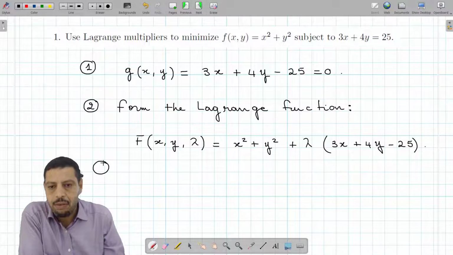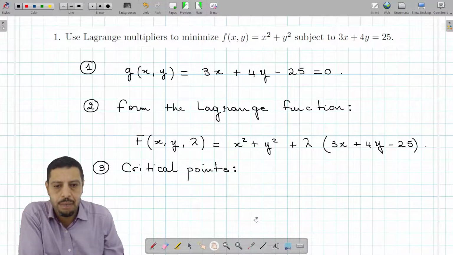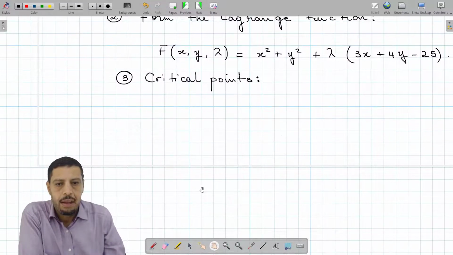The third step is to find the critical points for this Lagrange function. To find the critical points, you have to solve the partial derivatives equals 0. So we're going to first compute the partial derivatives with respect to x, y, and lambda for the capital F function.